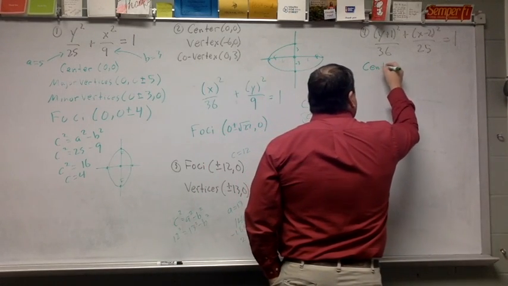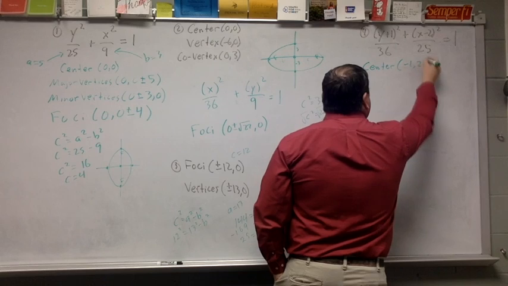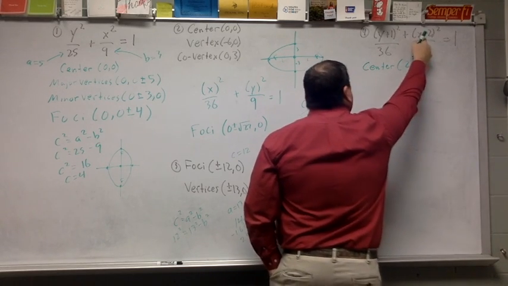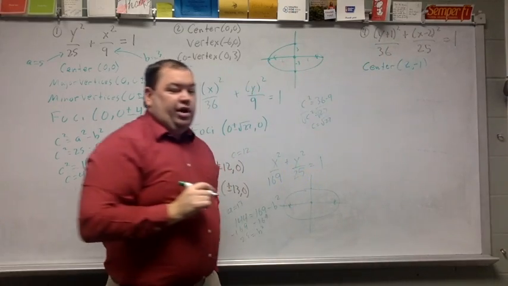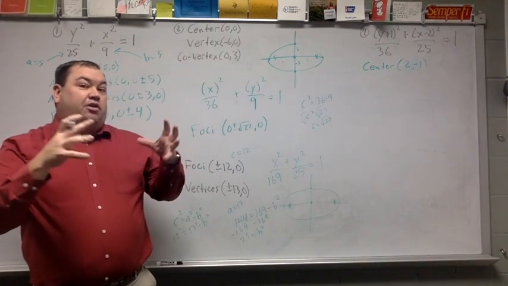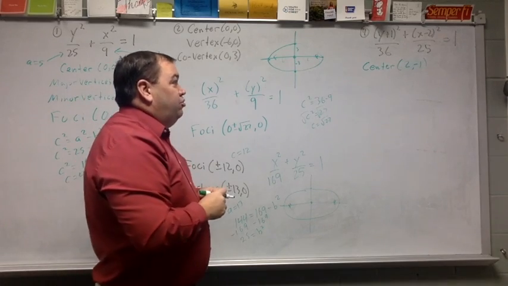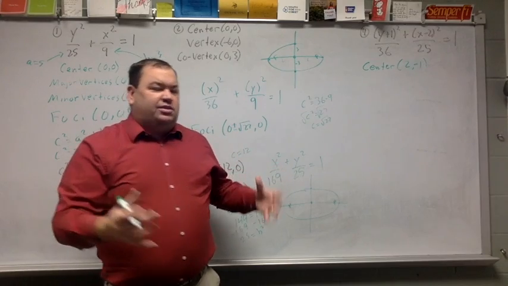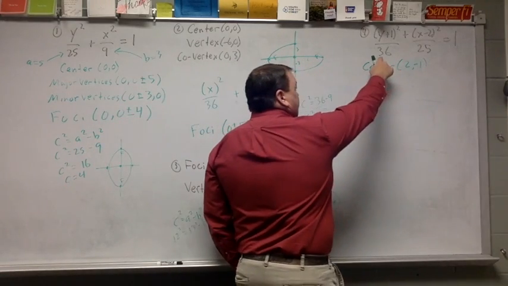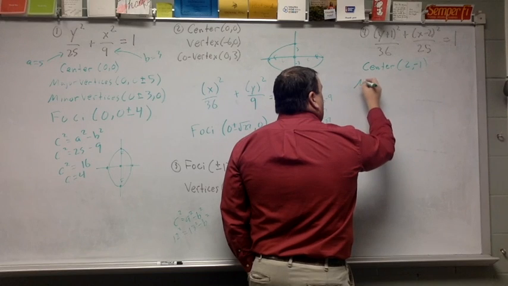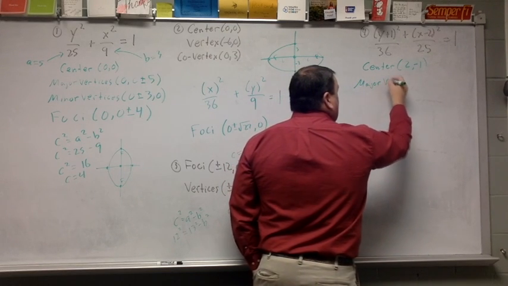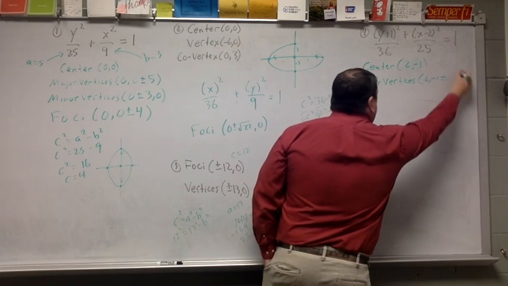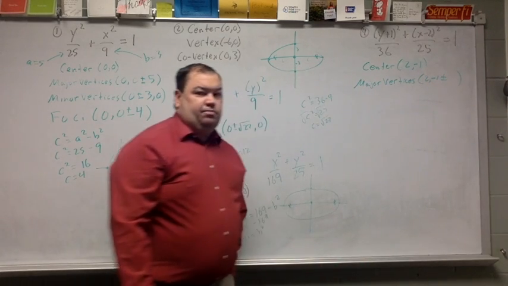So this is definitely centered, did it backwards, 2, -1. I got the x coordinate from there, I got the y coordinate from there. So everything's going to build off of that center, which is at 2, -1. Now I need to find all the vertices. I see that the bigger number is underneath y, so when I talk about my major vertices, I have to change the y portion.